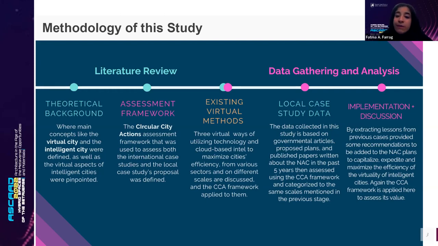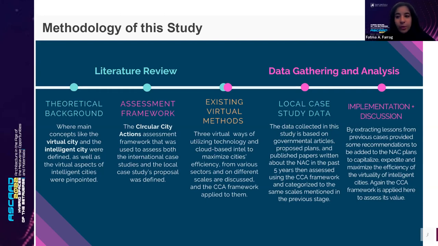And there's the existing virtual methods. Three are going to be discussed, which are virtual ways that utilize technology and cloud-based intel to maximize cities' efficiency. And then there's the local case study data, which is data collected based on governmental articles, proposed plans, and published papers written about the new administrative capital in the past 5 years, which was, by the way, a limitation of the study because it's still not a functioning city.